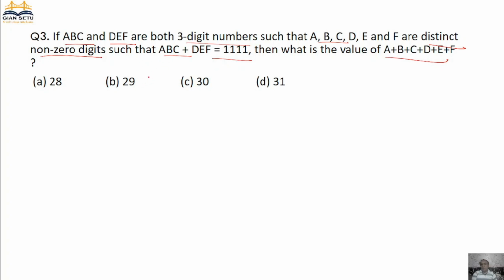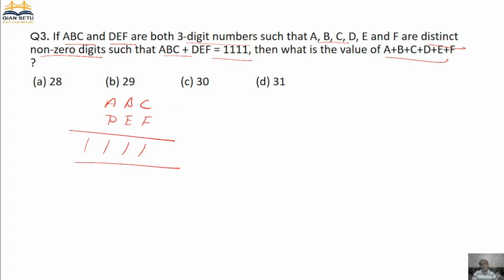Now in this question, we need to find the sum of all the digits in both these numbers. We are given that when we add ABC and DEF, we get sum 1111.